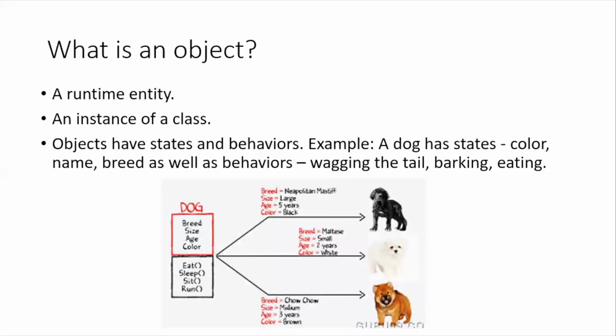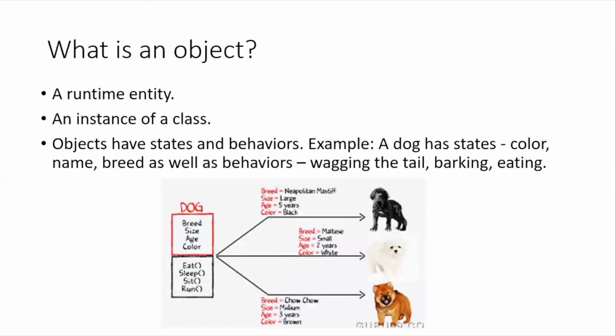Now there is a functionality for a dog which is run. So the dog has performed that operation and moved from that location to some other location. So now the dog is sitting on a sofa, say for example, right? So what is changed? The location of the dog is changed.